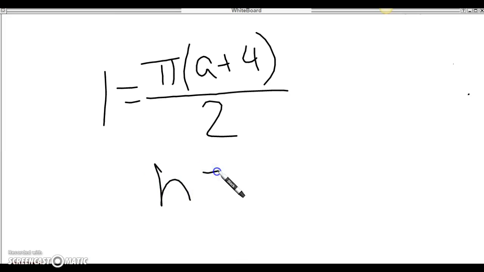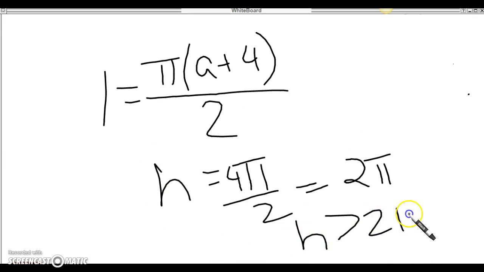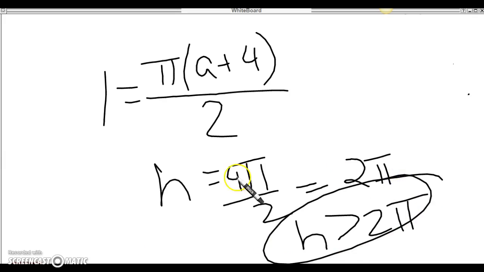So let's see, h, if I put in 0, I get pi times 4 over 2, which is 2 pi. So h has to be greater than 2 pi. I hope this helps.